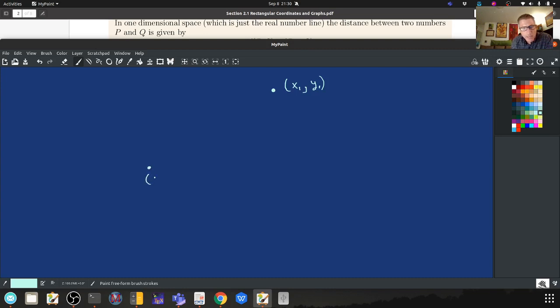I don't know what it is, but it's going to have an x2 value and a y2 value. So what I want to find out is the distance. If I travel along this straight line, how long is this line? So what we do is we take note, we kind of draw a right triangle.